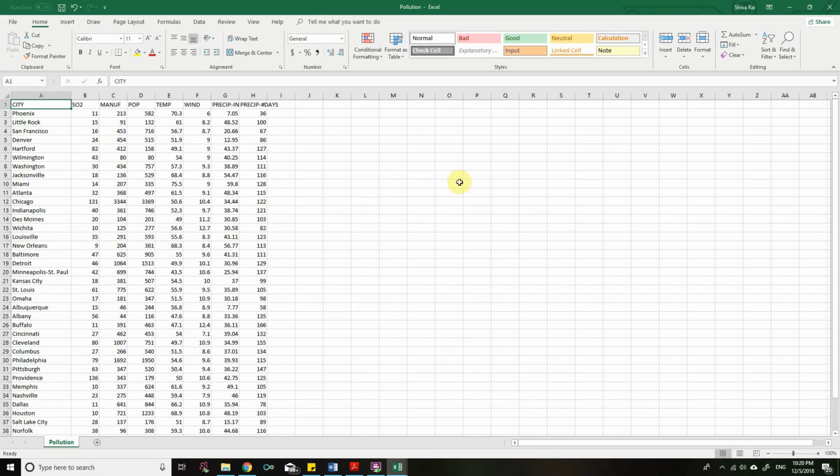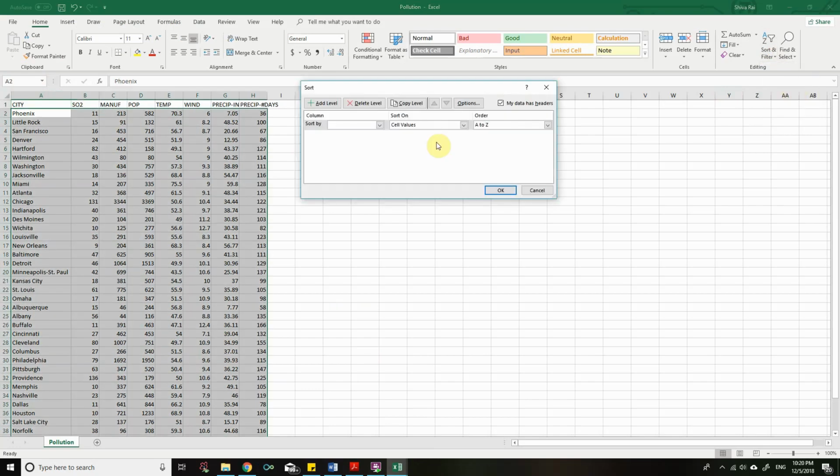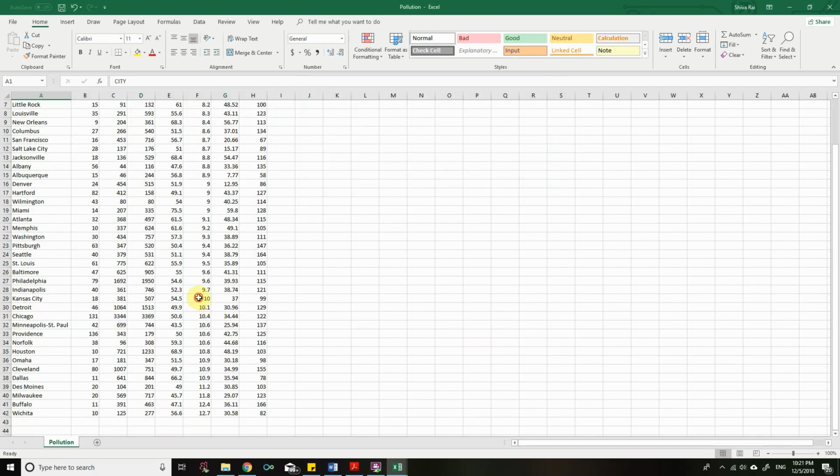First let us custom sort this data. Sort and filter, custom sort by using wind. Wind speed more than 10. So these are the data.